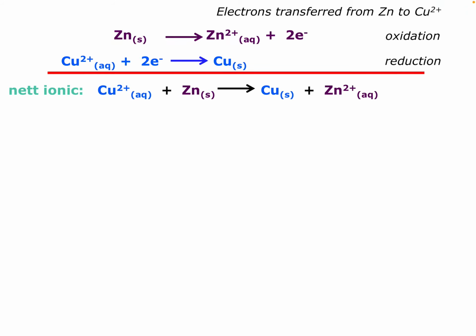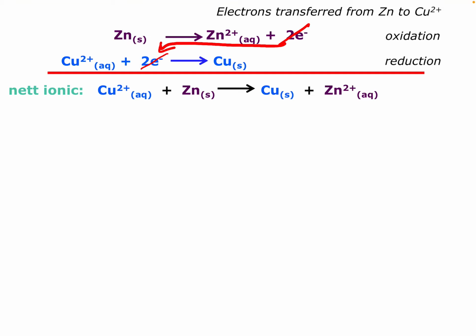If I look at this from a net ionic point of view, what we need to remember here is that those electrons disappear when I put them all together. Because even though the zinc gave away its electrons, those electrons are going directly to the copper and getting used up. So they don't end up in the equation, and they must balance out. Okay? Very, very, very important.